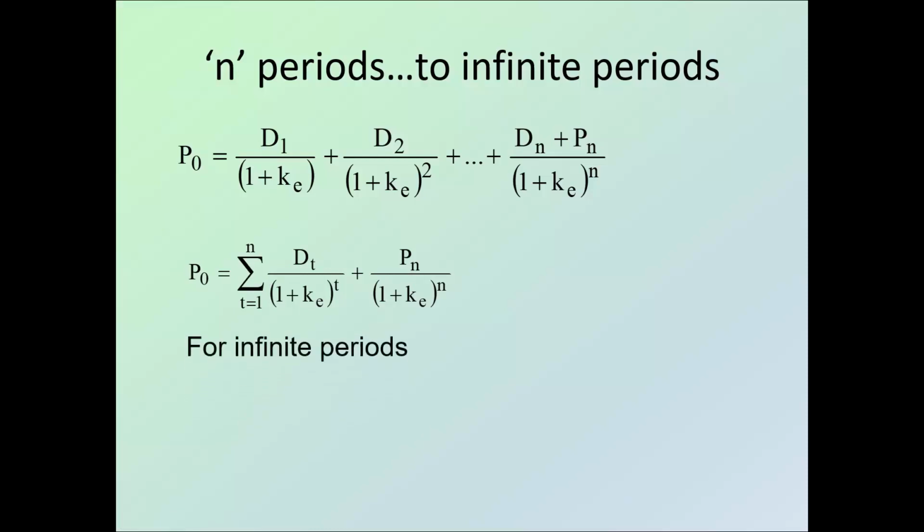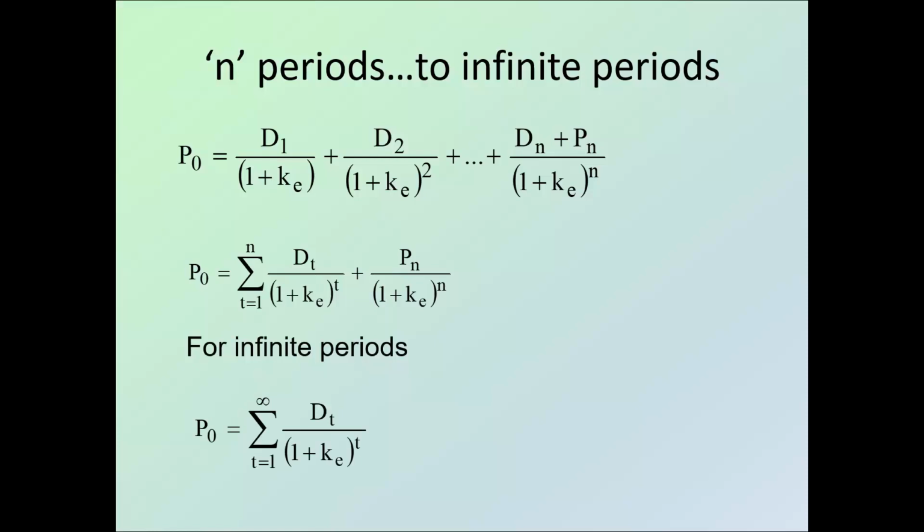Moving on, if we can drag this to infinite periods, then we don't have the option of selling the stock. So there is nothing like Pn. In other words, we just have the infinite dividends that we keep receiving. So this is exactly how a stock is priced.